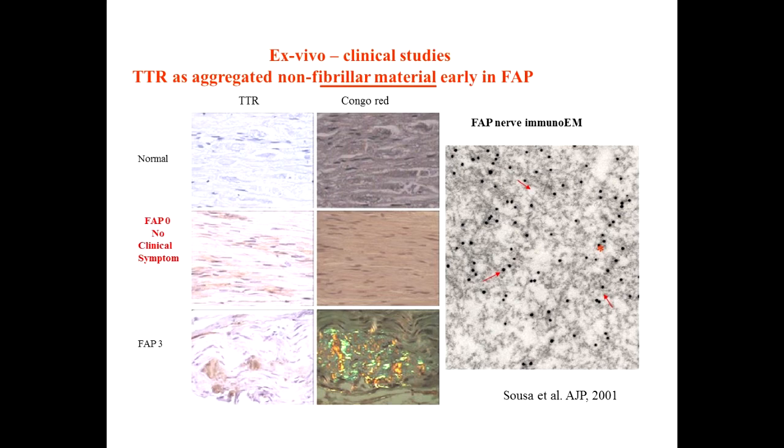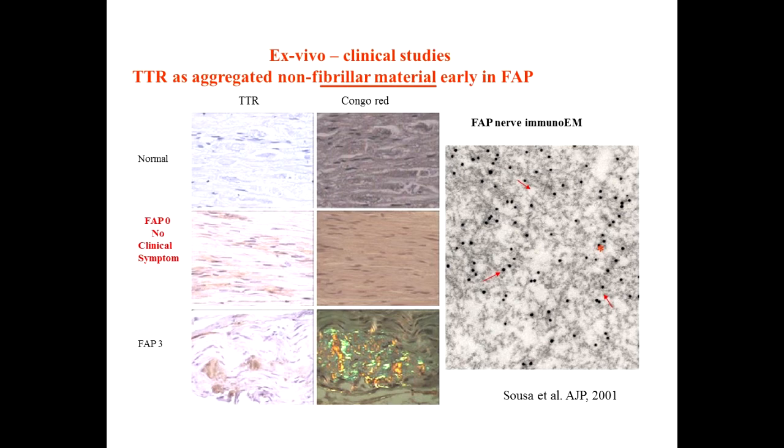Okay, so we concluded that TTR is aggregated as non-fibrillar material very early in FAP. Some of these cases, by the time we studied 20 years later, were still asymptomatic. Okay? So these aggregates and oligomers can be in the body, nerves, everywhere, many years before clinical symptoms.